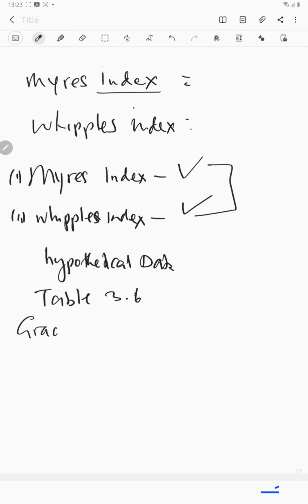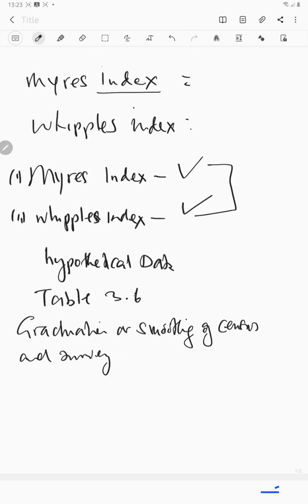So we have three main processes of graduating, sometimes called smoothing of data, which is made up of census and survey data. Based on age distribution, we can actually do that.